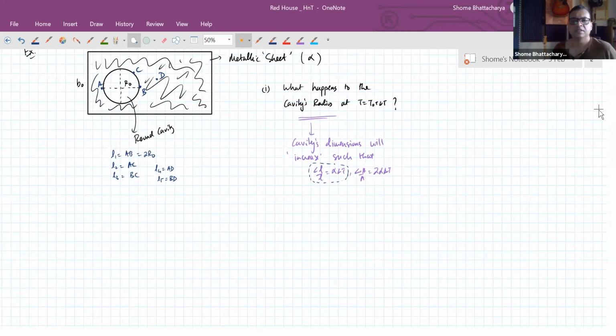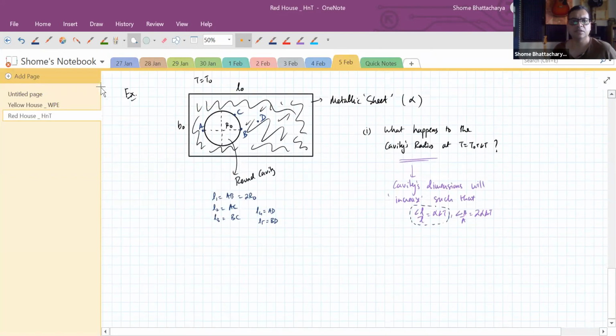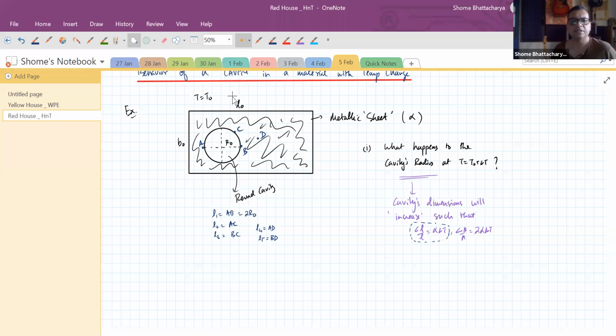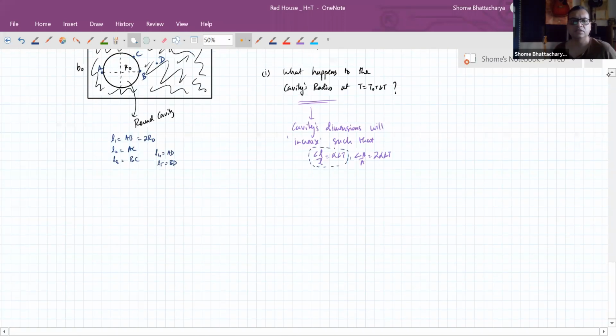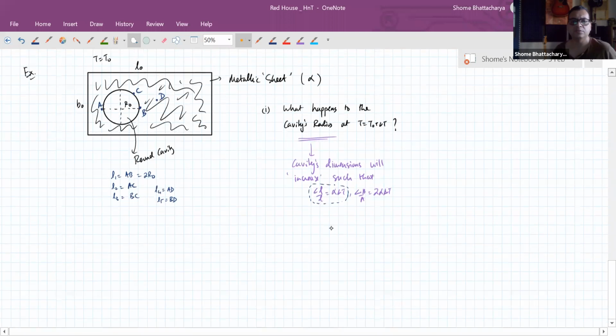Okay. So basically the whole metallic sheet with the cavity in it will expand in such a way that all these linear dimensions, not just the radius, the length L naught, the width B naught and all, but any linear dimension like this L1, L2, etc. that I've written on the side, all of these will expand according to the principle of linear expansion.